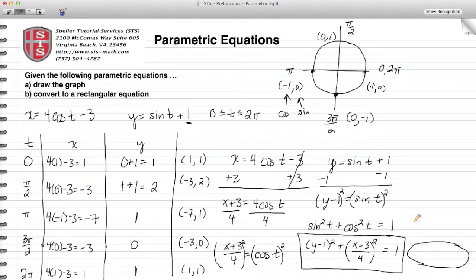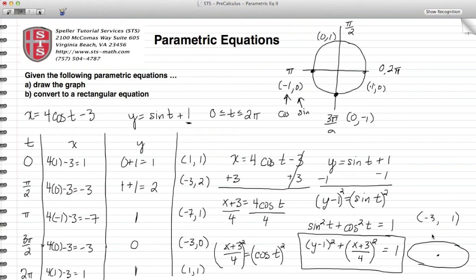And also we see that our center for this particular ellipse is going to be at -3, 1. We take the opposite sign of the x value and the opposite sign of the y value, and that's how I get the -3, 1 for the center of this particular graph.